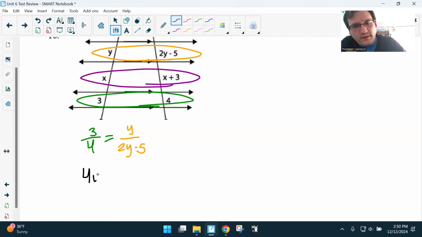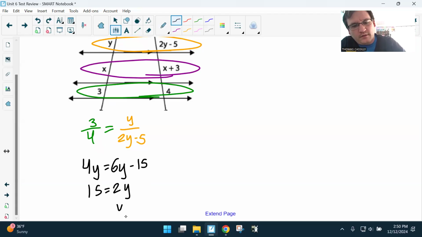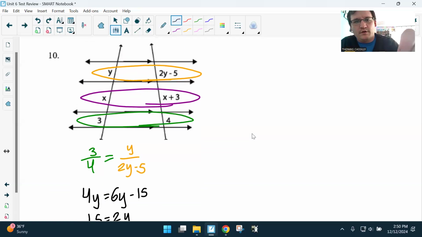I'm going to skip some steps here. So I got 4y equals 6y minus 15. I'm going to move some stuff around. 15 equals 2y. And then we got y equals 7.5. All right. On to the next one.